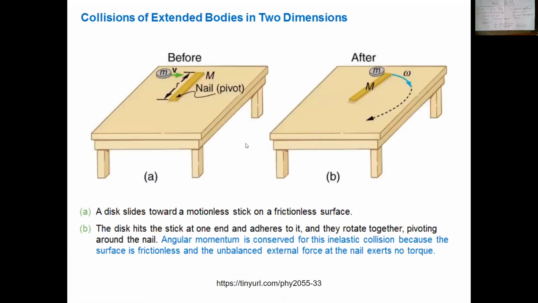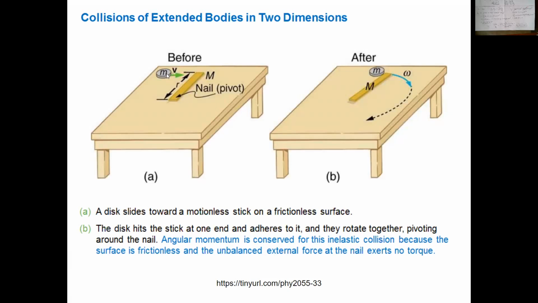Another type of collision is like this. If you have a meter stick, or just anything like a stick, probably not as long as 1 meter, or a ruler maybe, with one end being fixed but able to rotate about that fixed point, so it pivots at that point.